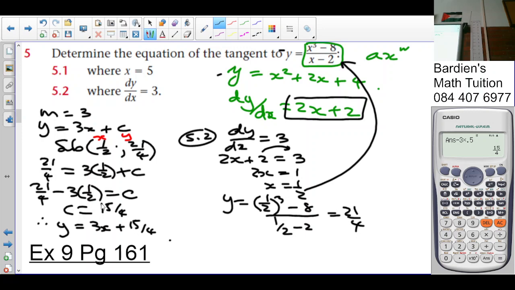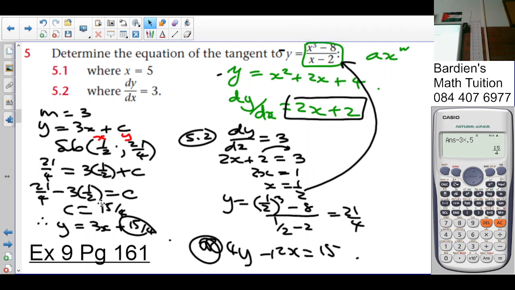But I think the textbook would have given you an answer of 4y minus 12x equals 15. Is that the answer they gave you? Because what they do is they get rid of this fraction. And they write it in what they call the general form of ay plus bx equals c. This is another form that's given.